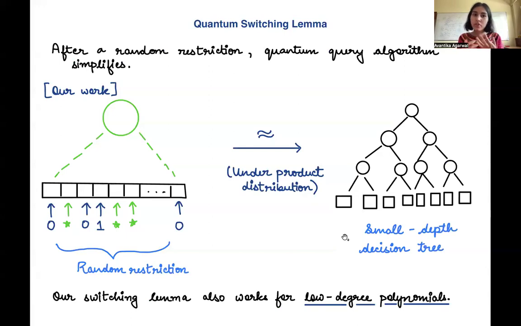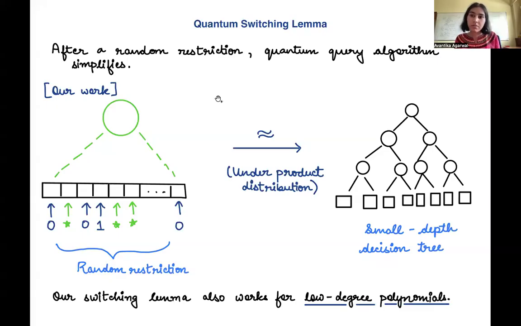So what does that mean? We show that after applying a random restriction, a quantum query algorithm simplifies. Suppose we have this green quantum query algorithm, which is making a bunch of queries to some input. Then if we apply a random restriction to it, with very high probability under the choice of the random restriction, this quantum query algorithm becomes close to a small depth decision tree.